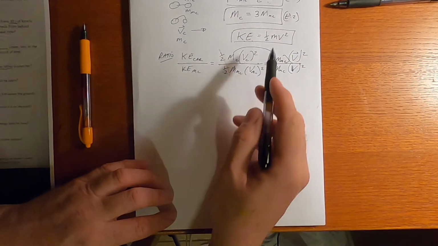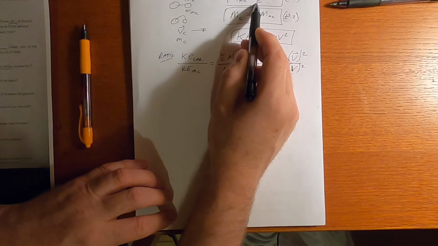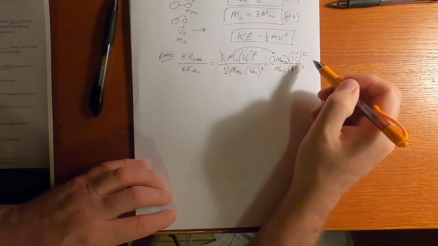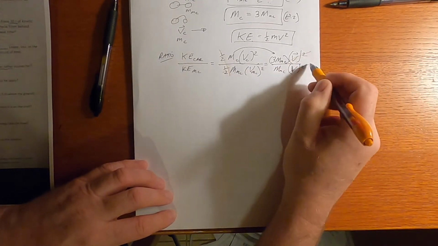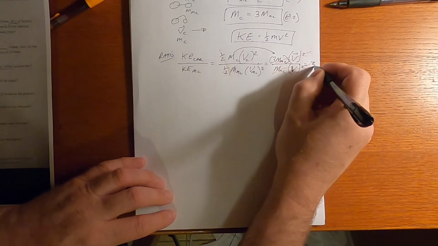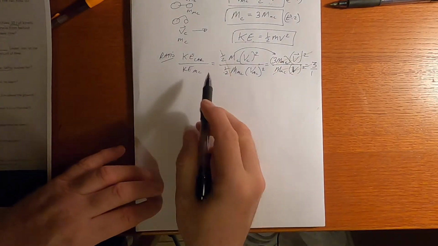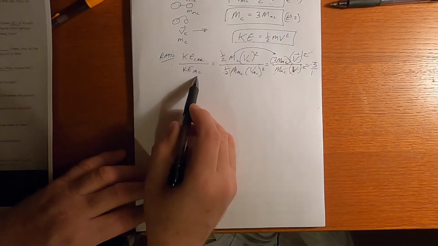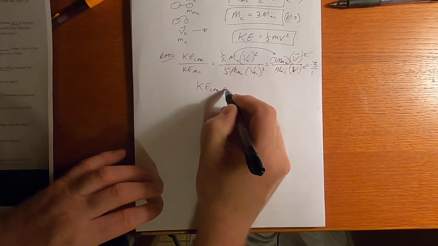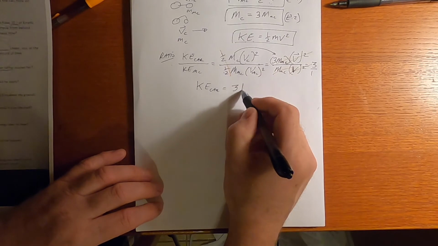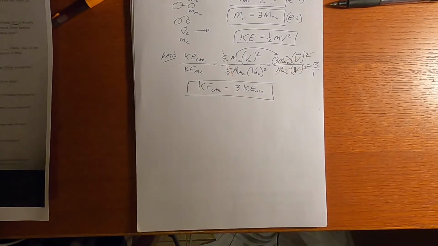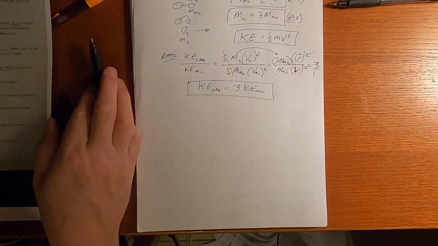We substituted out the motorcycle's v, and the car's is v. Right away, I see some more stuff that can come out. That's gone, and the mass is gone, and what's left is 3/1. So we multiply both sides by the kinetic energy of the motorcycle, and we get kinetic energy of the car equals 3 times the kinetic energy of the motorcycle. So the car's kinetic energy is 3 times the kinetic energy of the motorcycle.